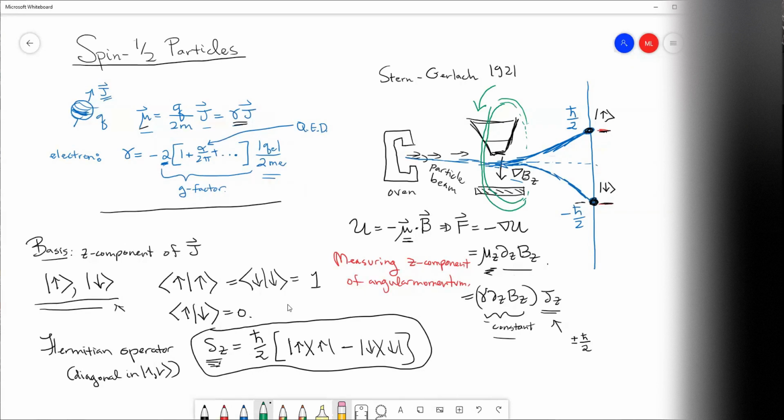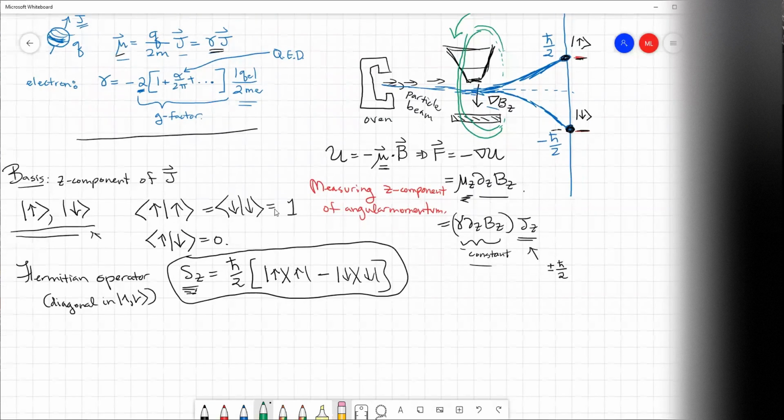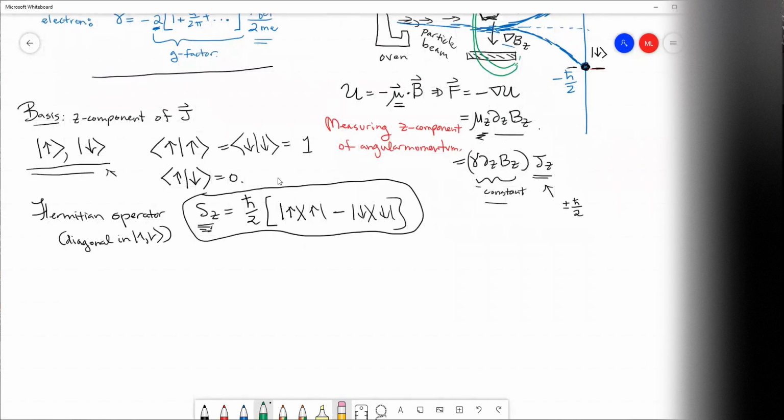And so in principle, there's nothing special about z. So in principle, you should be able to measure the spin along any direction, right?